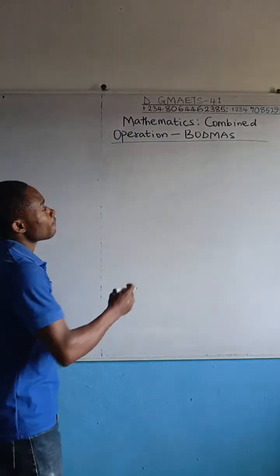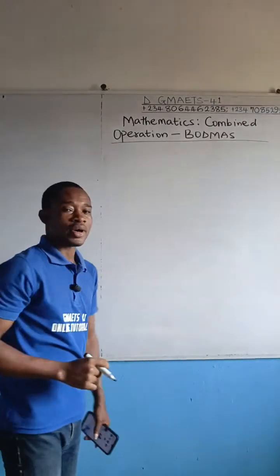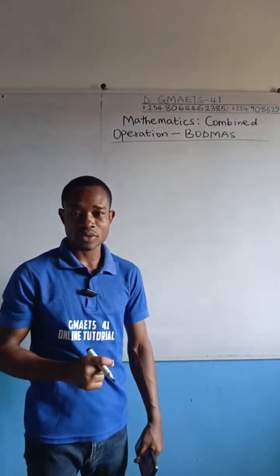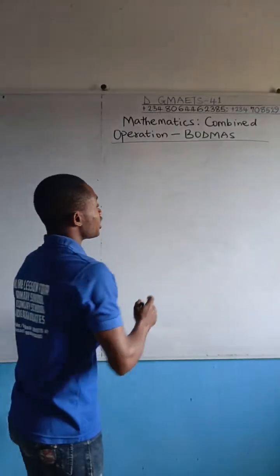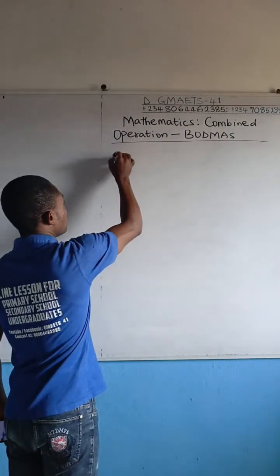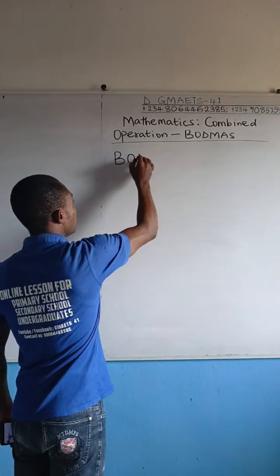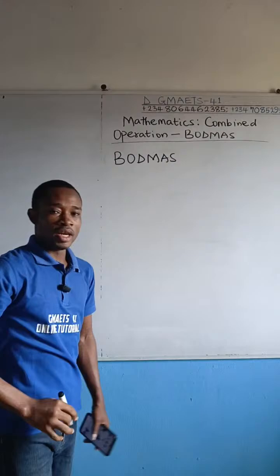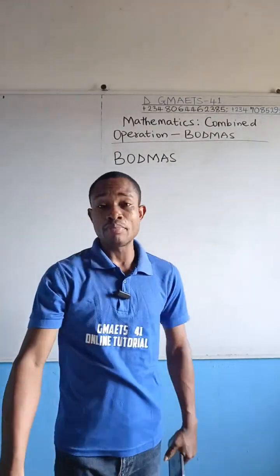Before we start, we are going to remind ourselves of the basic mathematics operations. Here on the board, you have it as BODMAS. We're going to learn first the meaning of BODMAS.